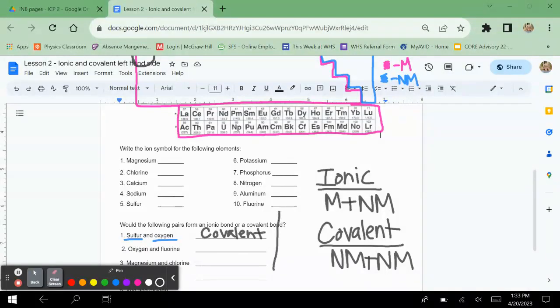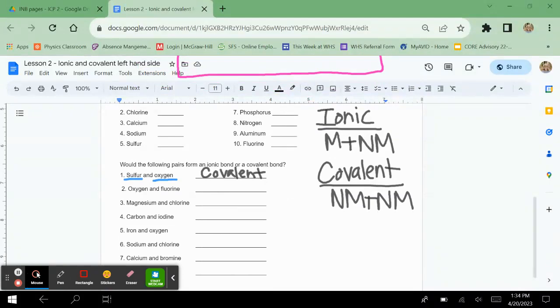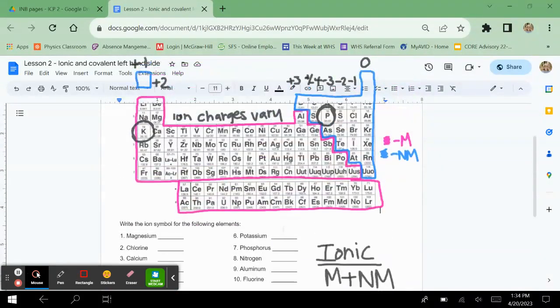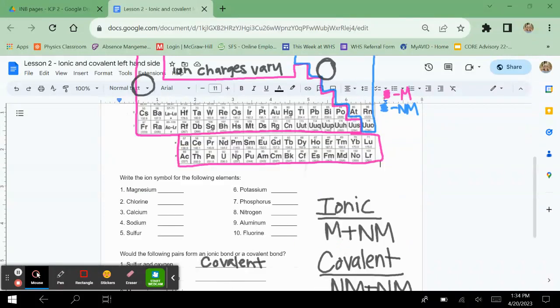Let's look at another one together real quick, and then I'll give you the rest of the time to work on this. Let's look at magnesium and chlorine, number 3. So I go up and I find magnesium. Magnesium is in the second group, and it's a metal. Chlorine is a non-metal. It's in group 17.